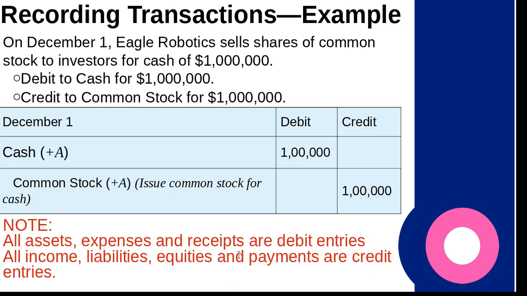So when you see a question, think: am I receiving money or am I sending money? If you are receiving money or money is coming in, it's going to be on the debit side. But all income, liabilities, equities and payments are credit entries in that account.